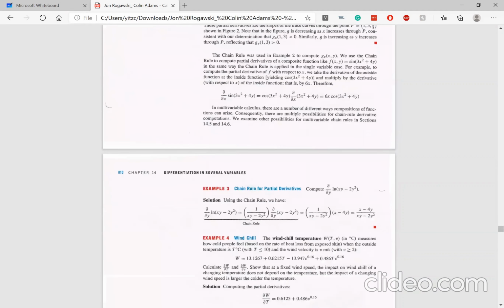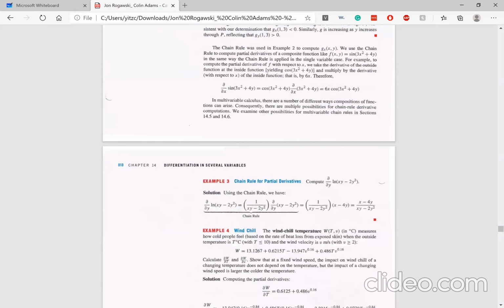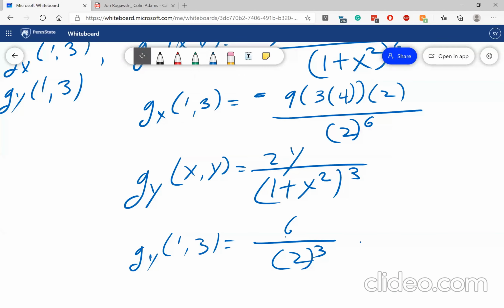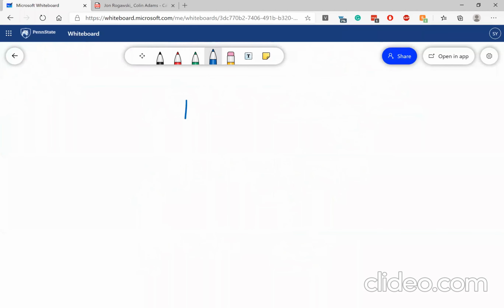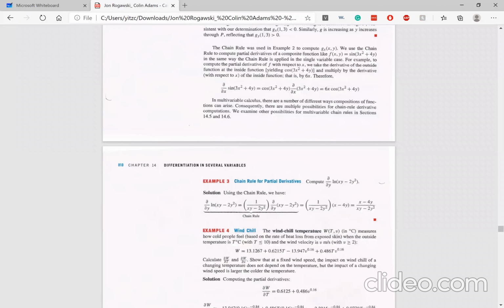So when we compute these derivatives, we can once again use the product rule, the chain rule. It's exactly like the one-dimensional derivative with treating one of the variables as constant. So they ask us to compute the partial with respect to y of ln of (xy minus 2y squared). Good.